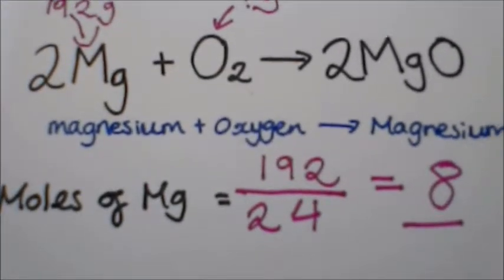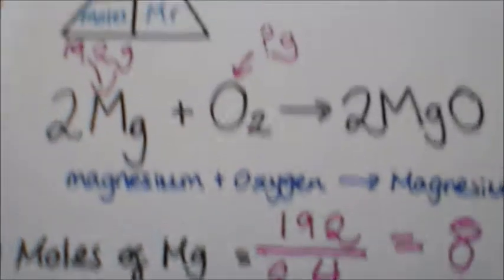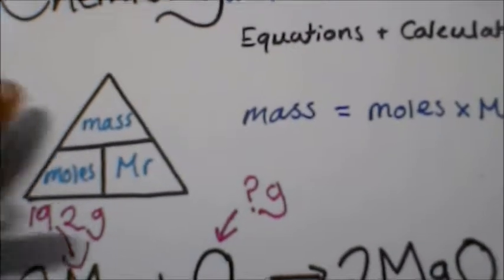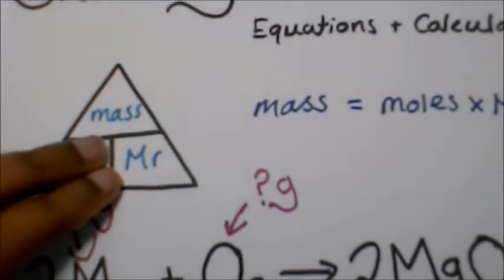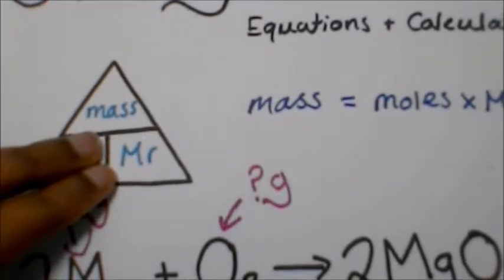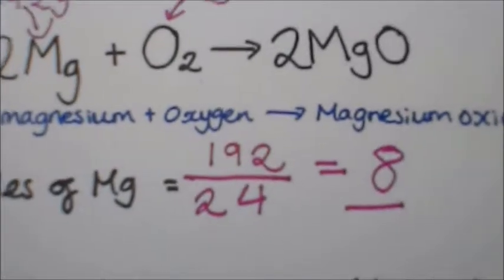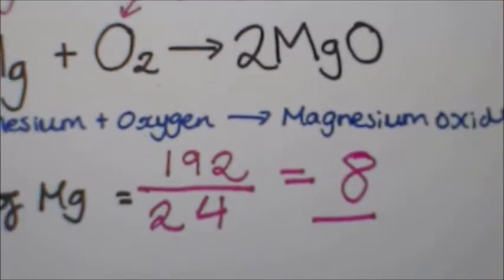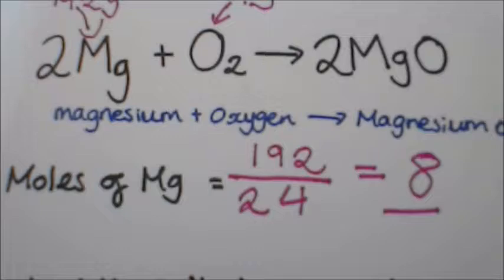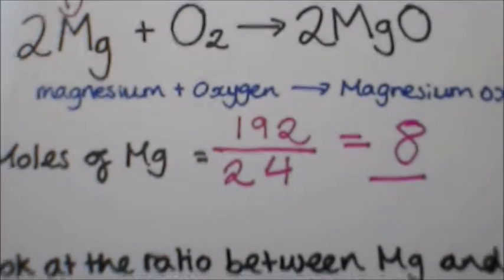If you're in doubt, just look at the equation. To find out the moles, you cover up moles, and it's mass over relative atomic mass. That equates to 8 moles, so we know that there are 8 moles of magnesium.